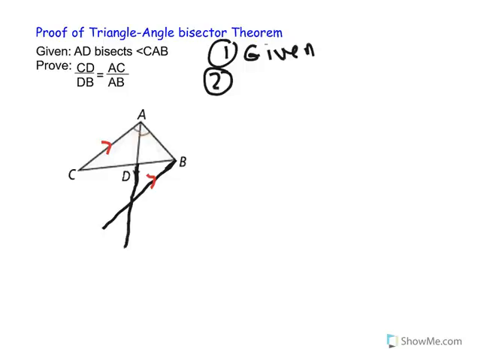So now I want to look and see if I can get some similar triangles. I have a set of vertical angles here, so I'm going to put some numbers there. This is 1 and 2. So angle 1 is congruent to angle 2 because they're vertical.